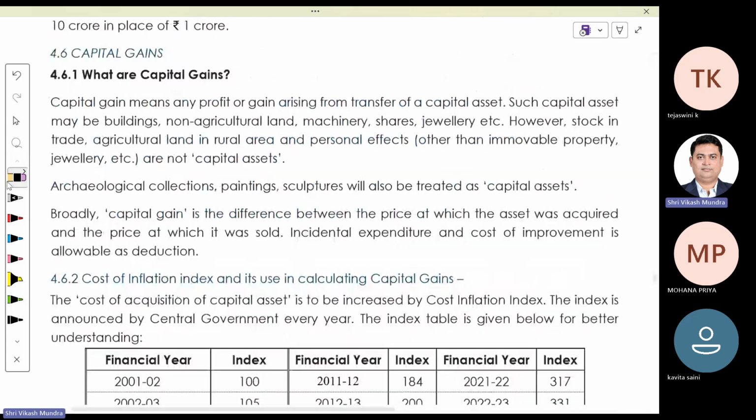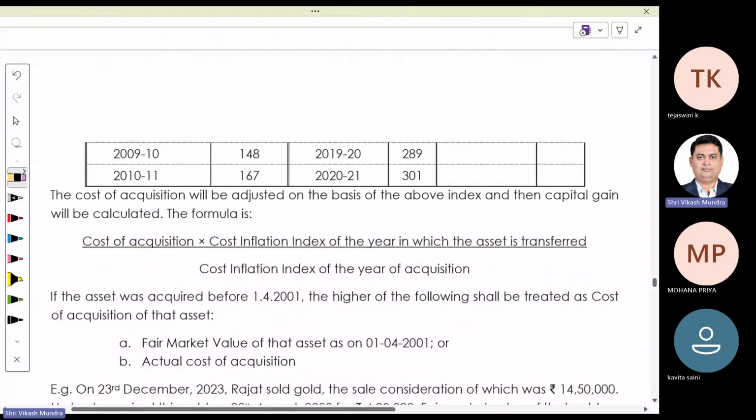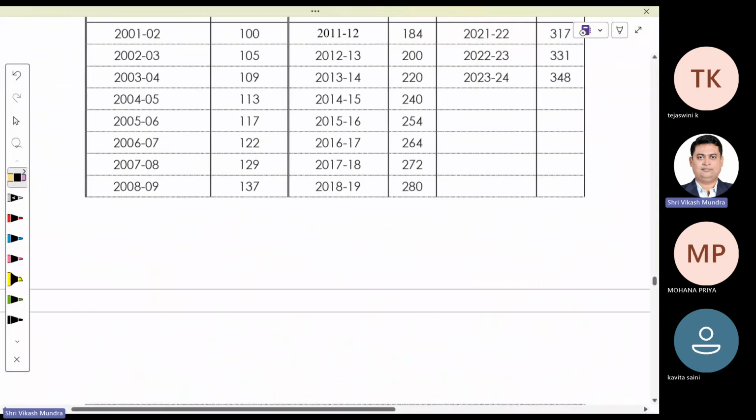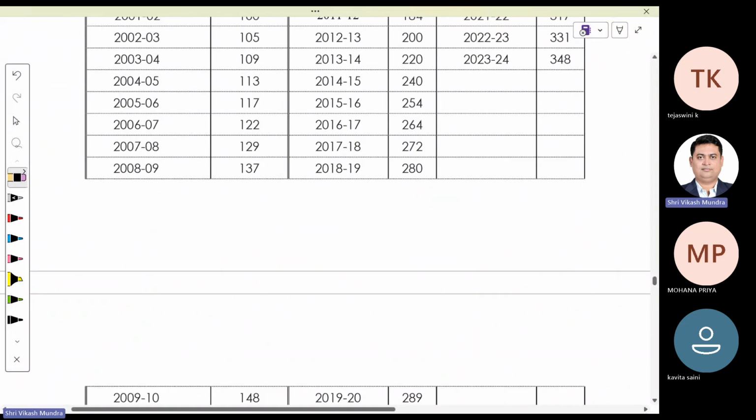Now, how to calculate capital gain? One of the easiest calculations in income tax is calculating capital gain. One example I am explaining. Suppose on 1st April 2023, I bought shares of Reliance Industries Limited for rupees 2 lakh.